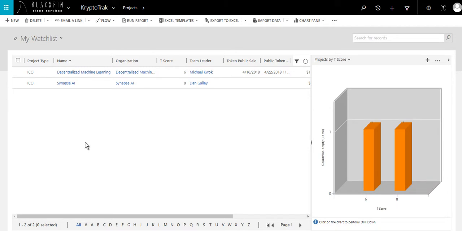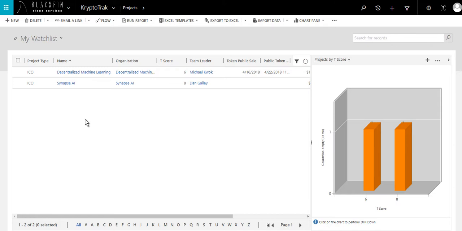So right now I'm looking at a list of what I call my watch list. That's a simple pinned list of projects that I'm focused on right now. These two are Synapse AI and Decentralized Machine Learning.